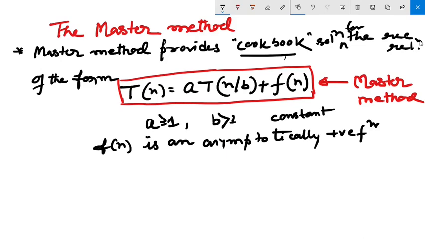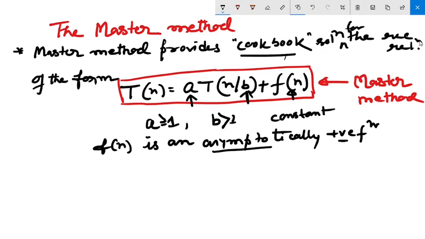The master method requires memorization of 3 cases. If the recurrence relation is of this form, with a greater than or equal to 1, b greater than 1, and f(n) an asymptotically positive function, then let T(n) be defined on the non-negative integers by the recurrence.